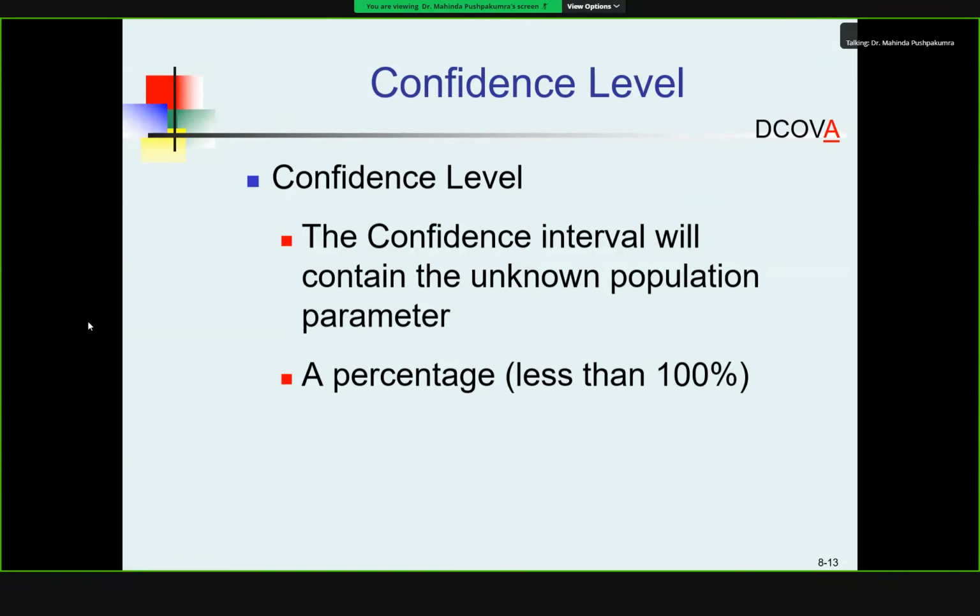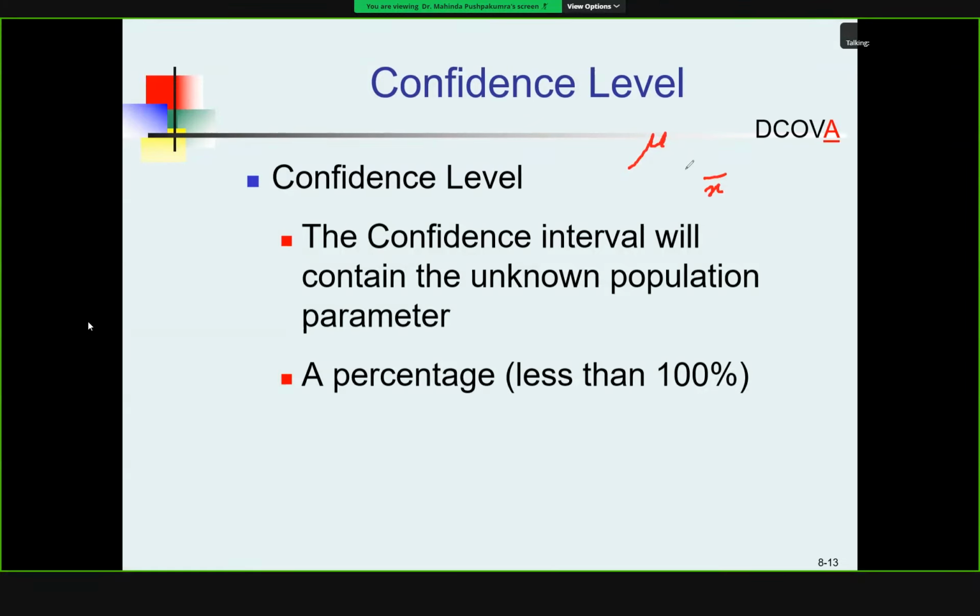Now these answers are not correct. One says that the accuracy of sampling determines confidence of sample. No, these are not correct. The main reason for estimating confidence interval is to make a conclusion about population mean based on sample mean.